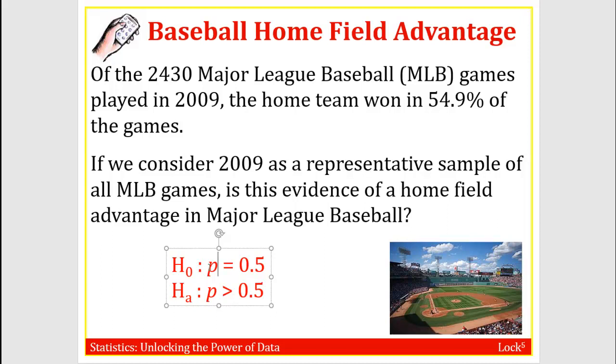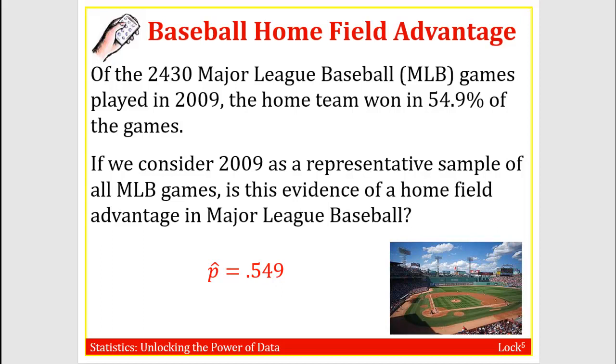That makes our null hypothesis P equal to 0.5, and then the alternative hypothesis P greater than 0.5. Remember, the equal sign always goes in the null hypothesis, and the alternative hypothesis goes right along with whatever our research question is.